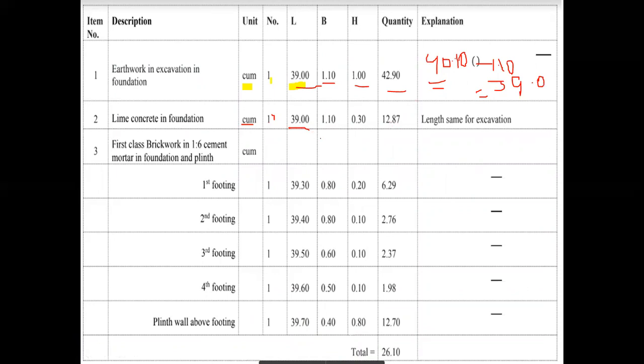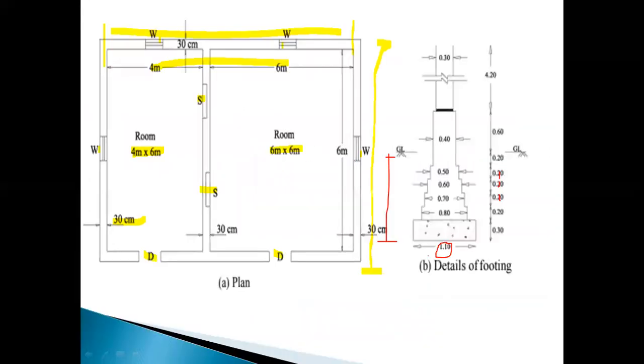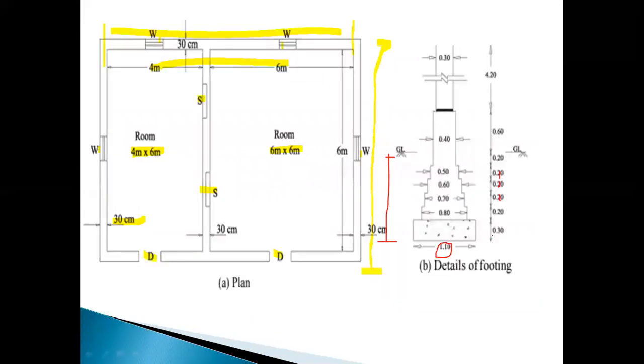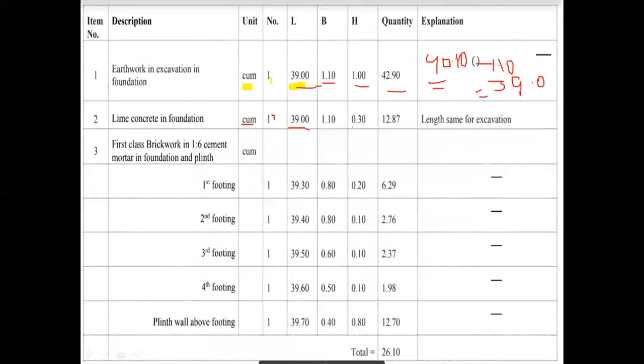Substitute breadth 1.10 and height is 0.3 for the cement concrete, the CC. Length, breadth, height: L into B into H. Come to the quantity, units cubic meters, 39 into 1.10 into 0.30, that equals 12.87.